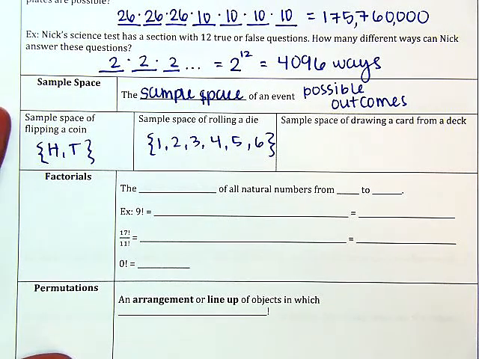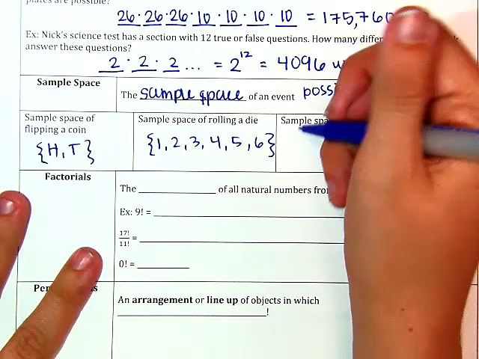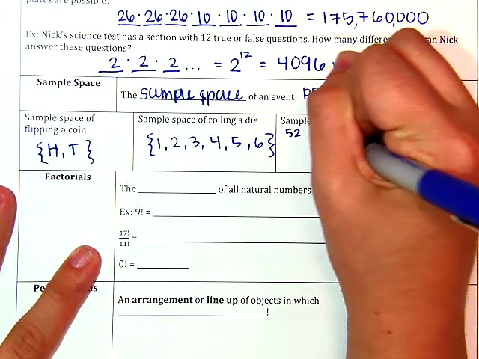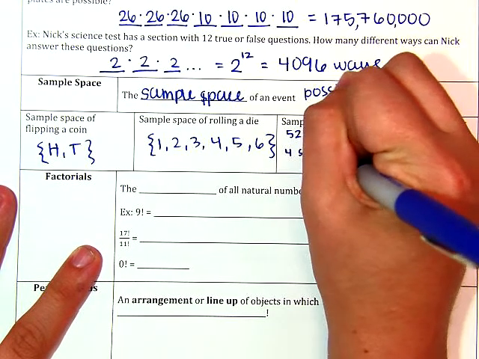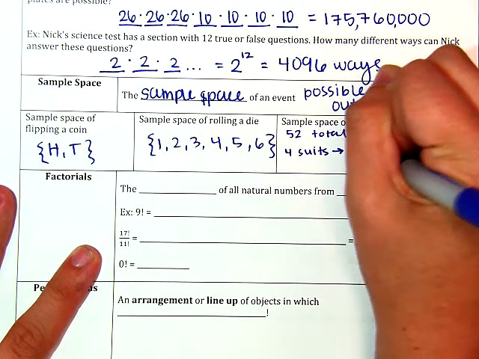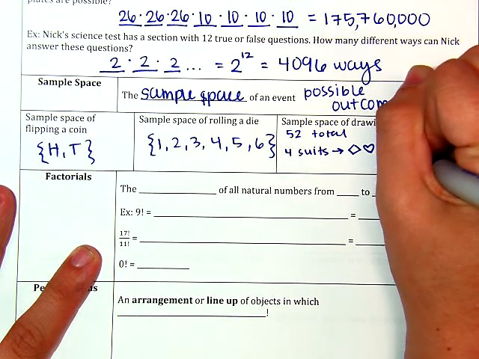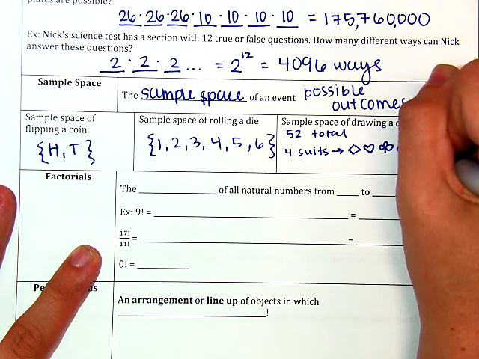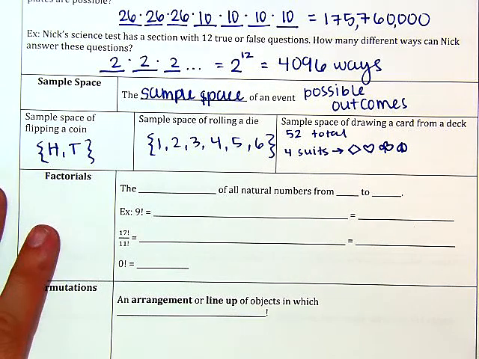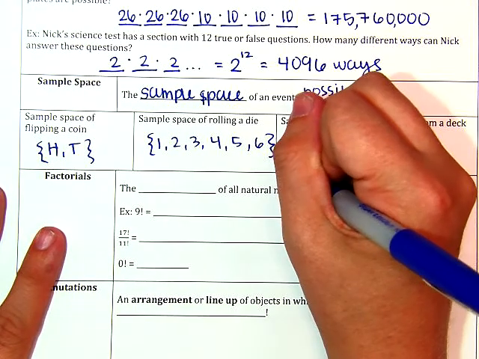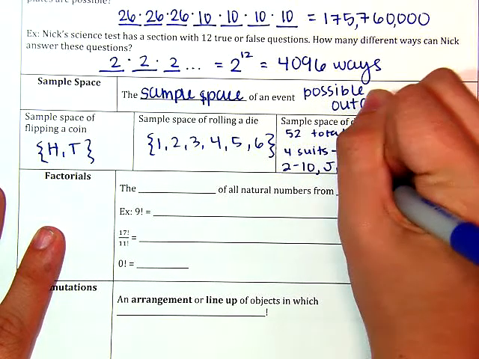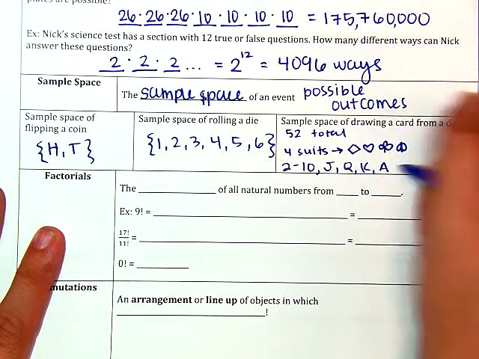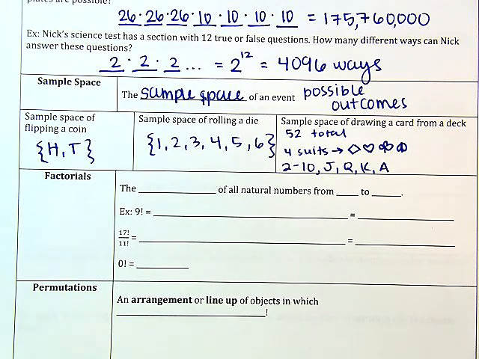Sample space of drawing a card from a deck. For cards, there's 52 total. There are 4 suits: diamond, heart, club, and spade. Then it goes from 2 through 10, jack, queen, king, and ace for each of the suits.